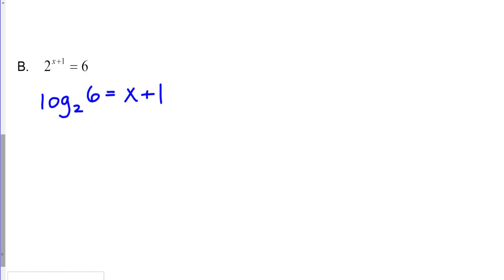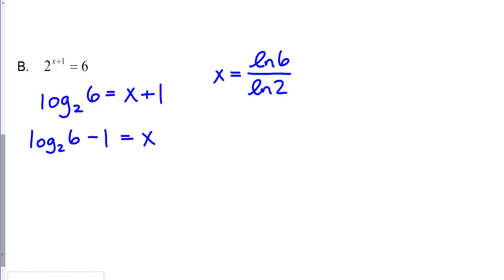So that means log base 2 of 6 minus 1 equals x. I need to subtract 1 from both sides. And if you want to approximate that, then you're going to say x equals the natural log of 6 divided by the natural log of 2, minus 1.